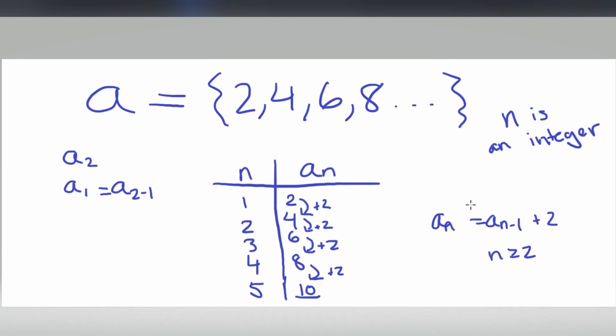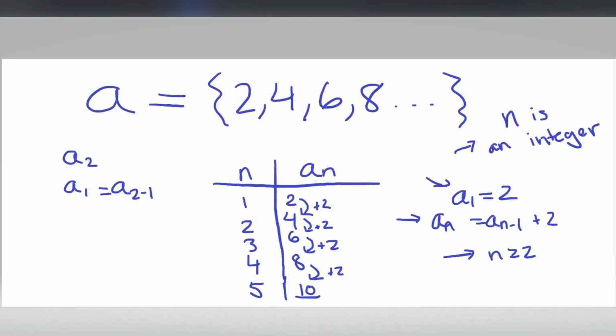So, as well as having a rule, we also must have a starting point for our recursive equation. So, in this case, we'll have a sub 1 equals 2. So you must write these 4 different parts in order to write a recursive equation, right? n is an integer, n is greater than or equal to 2, a of 1 is 2, and a of n equals a of n minus 1 plus 2.